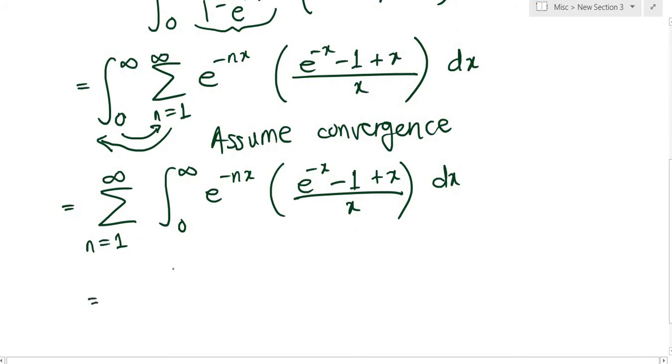Now I want to free some terms from the bracket. So I'm going to be having the sum from n equals 1 to infinity of the integral from 0 to infinity of, well, I can multiply e raised to negative nx with the first term inside the bracket. So I'll end up with e raised to negative x, which is basically a constant, but times n plus 1.